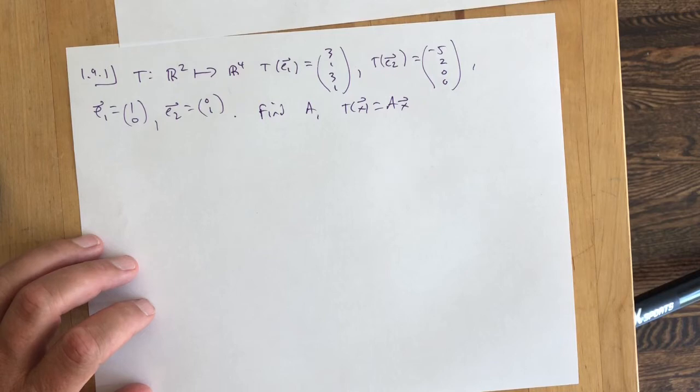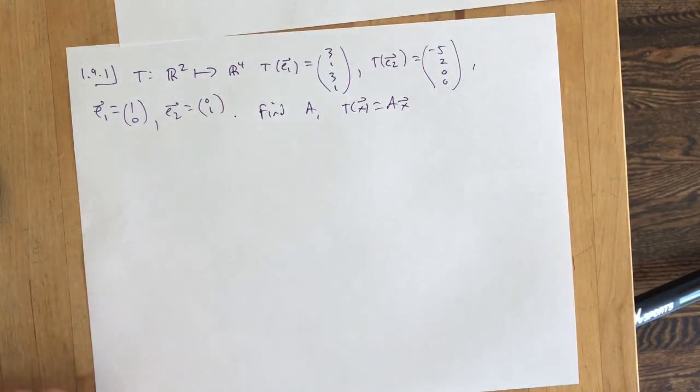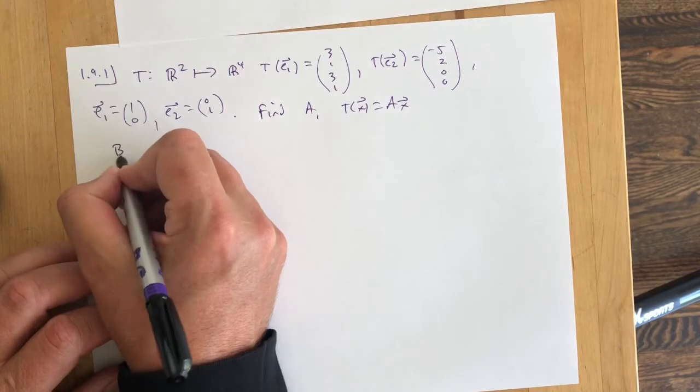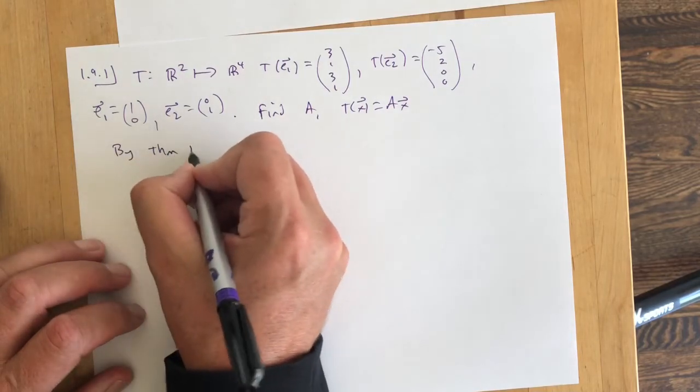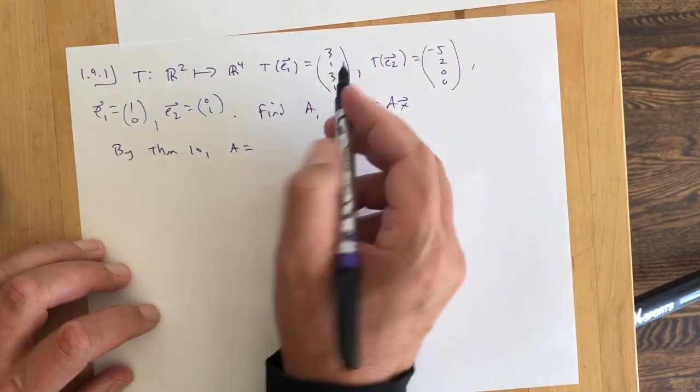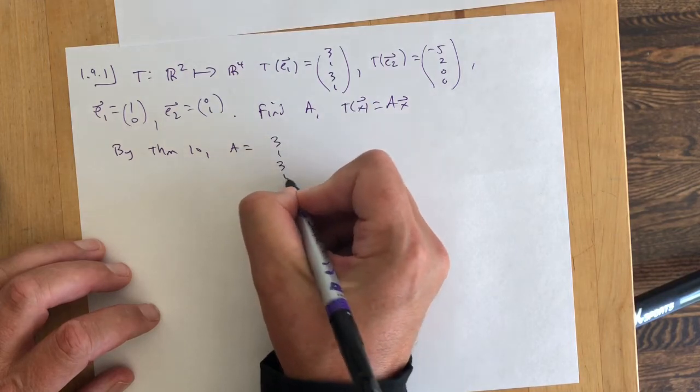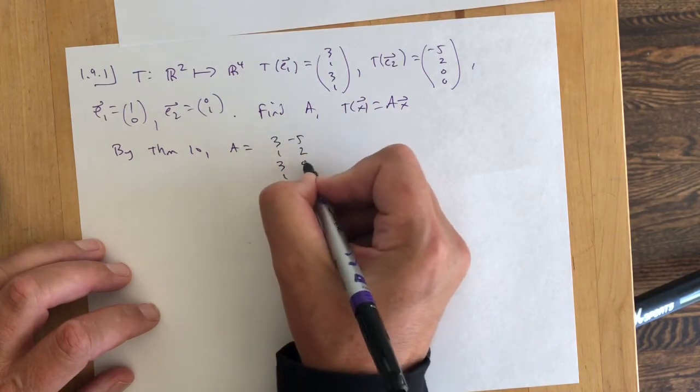Well, by whatever theorem, it's called theorem 10, A is just 3, 1, 3, 1 and -5, 2, 0, 0 as its columns.